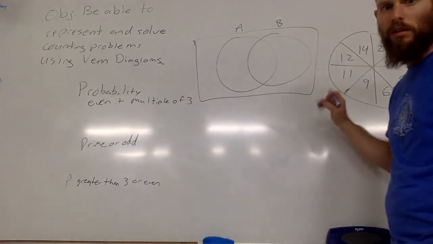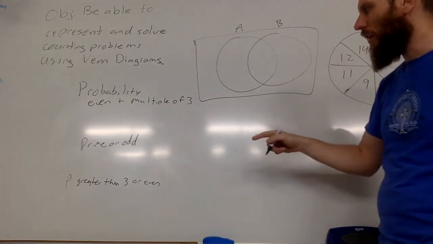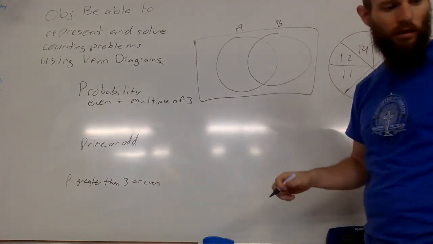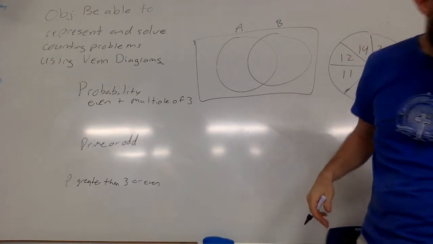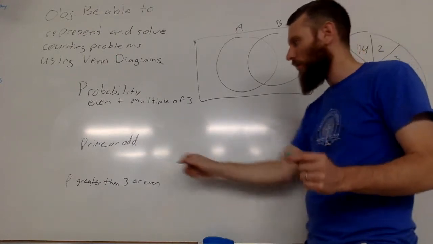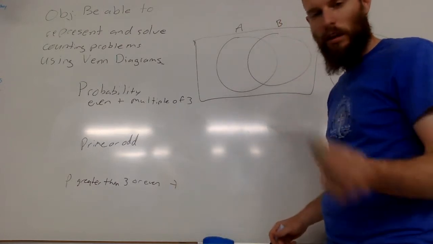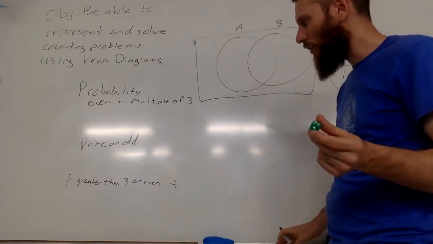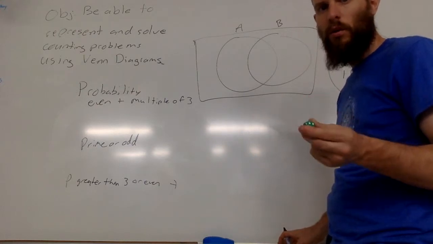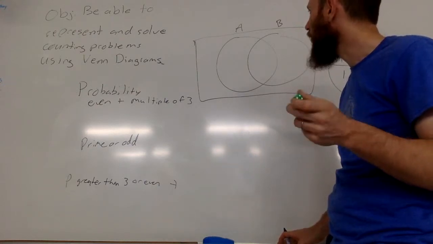Let's start with the easy one first. Let's take a normal number cube. What's the probability that I roll a number greater than 3 or even?